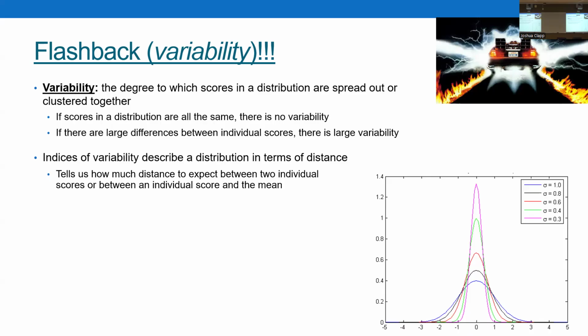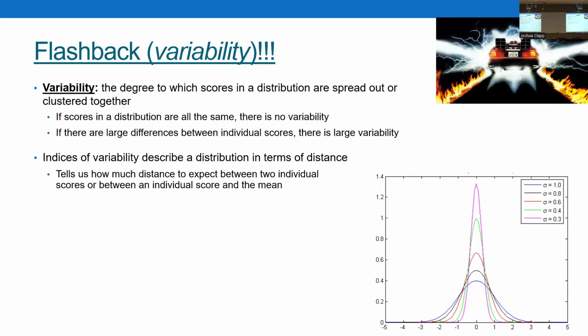We can think about variability as describing a distribution in terms of distance. If you give me a measure of variability, that's telling me how much distance to expect between two randomly selected scores, or some randomly selected score from the mean.